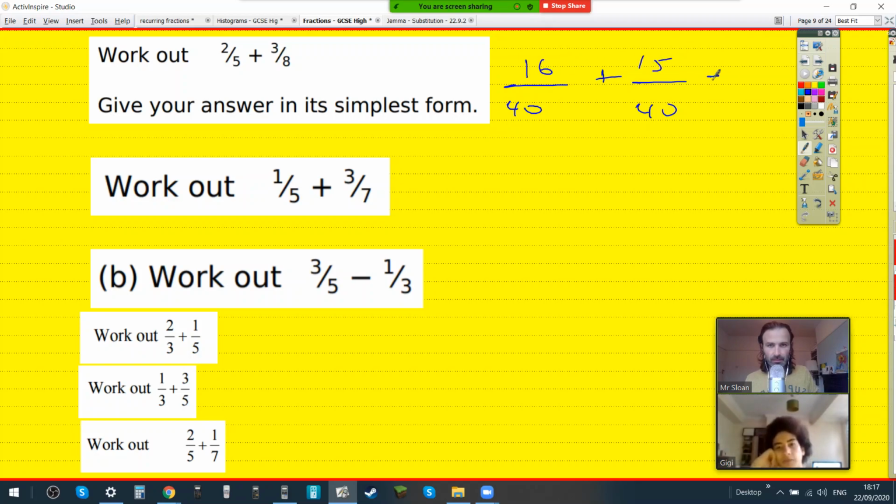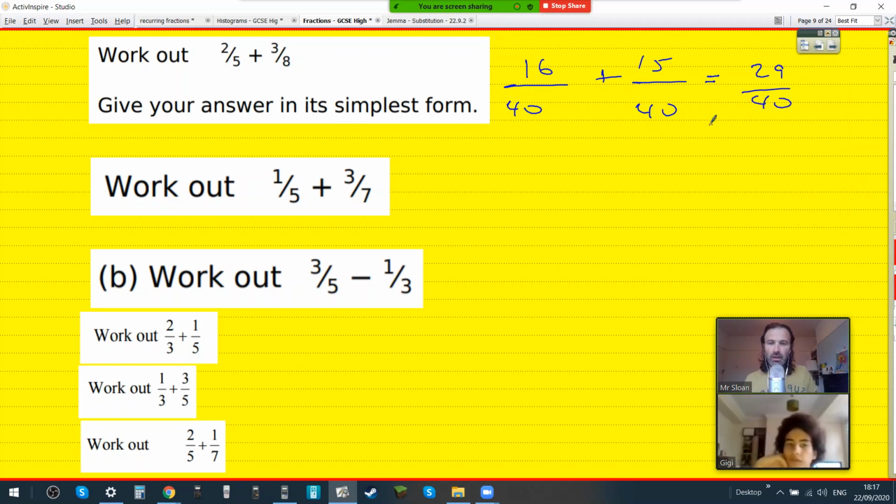Should be 29 over 40. I think you're right. Hang on a second. Let me see these. Yeah. It says give your answer in its simplest form, but that's just automatically the simplest form.